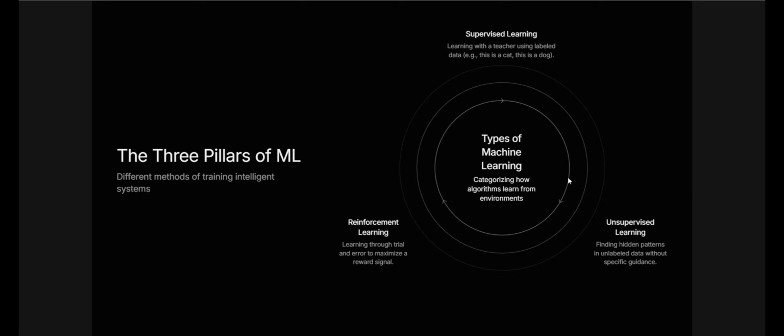The second one is unsupervised learning, where the system tries to find patterns without any labels, such as grouping customers based on their behavior. Third is reinforcement learning, where the system learns by receiving rewards or penalties, like a game playing AI. So these are the main approaches used in building intelligent systems.